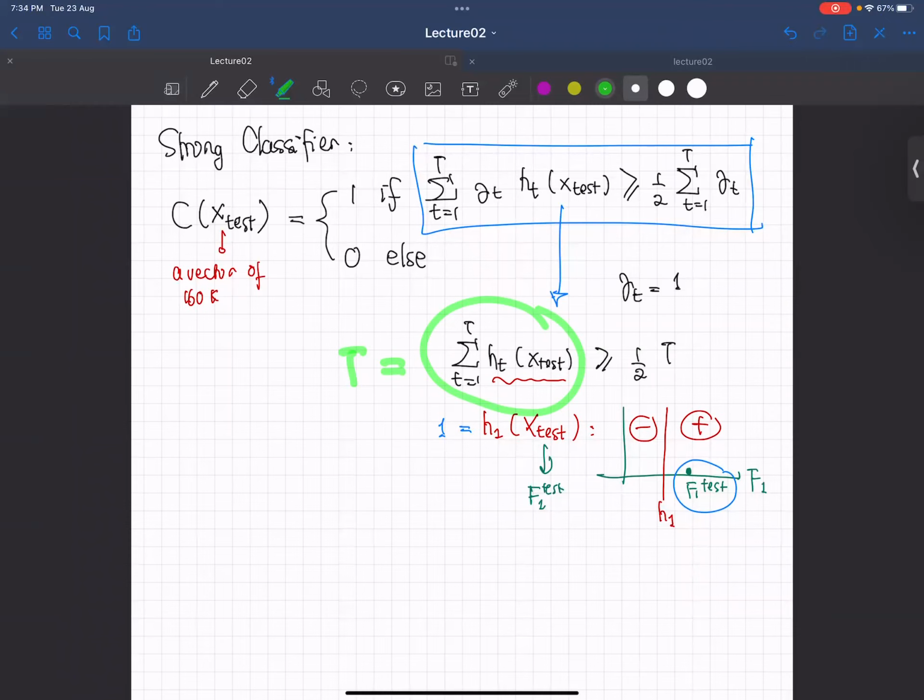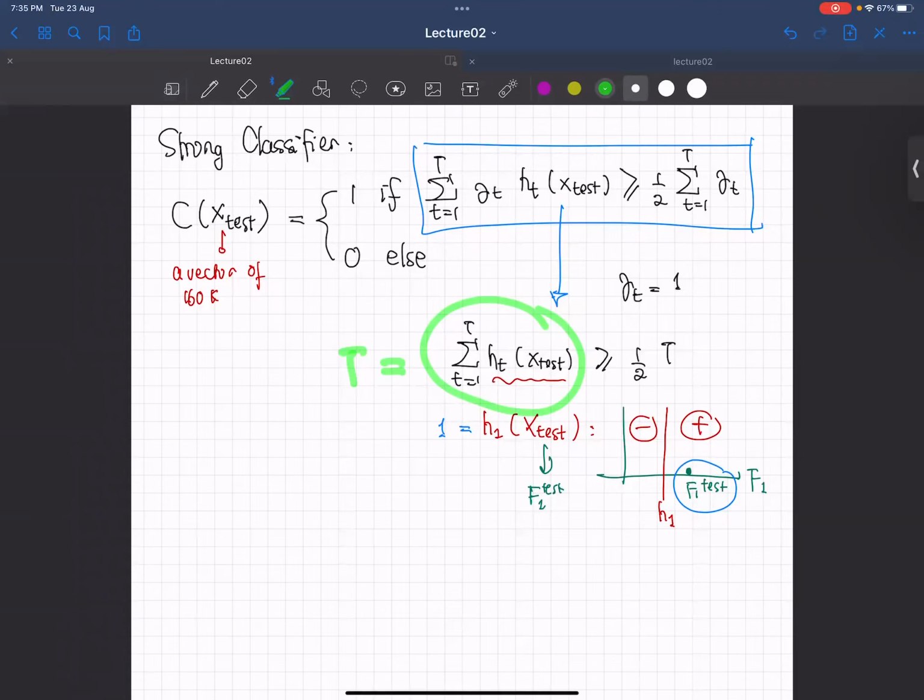If I say to you the sum of this equation equals T, all the classifiers classify your test sample to be positive, to be 1. It means that all the weak classifiers agree that it is a positive sample. This is very strong. It means that it's very, very confident.